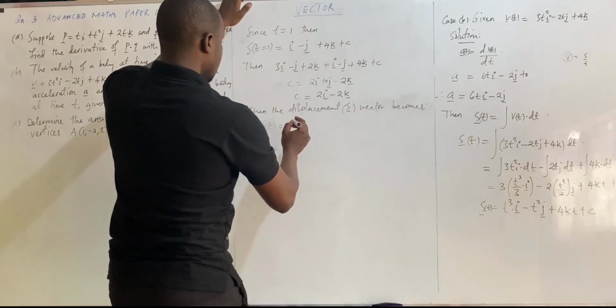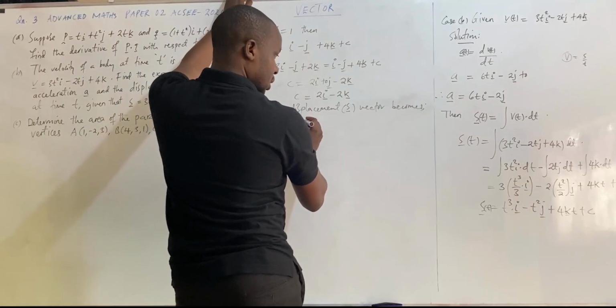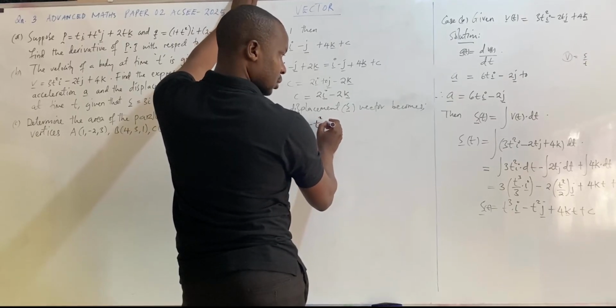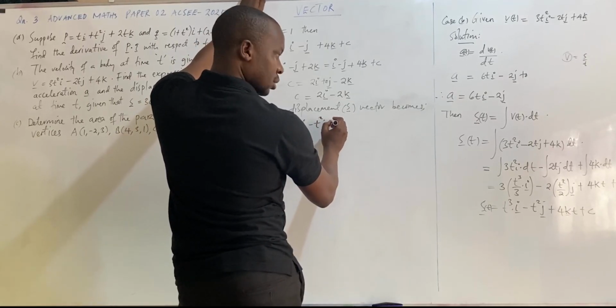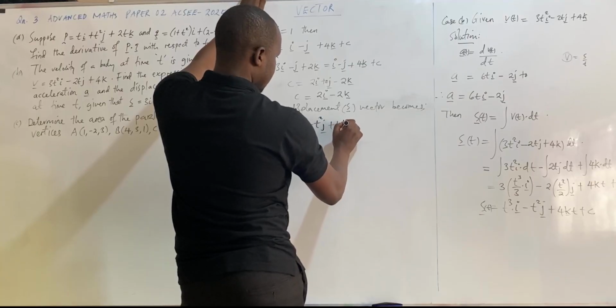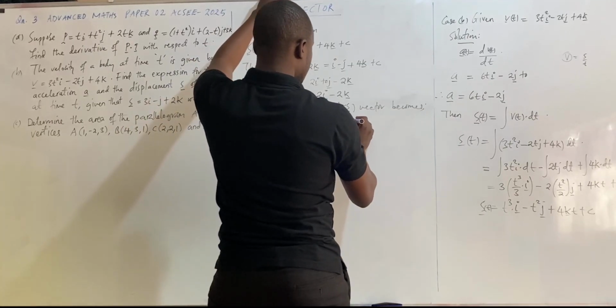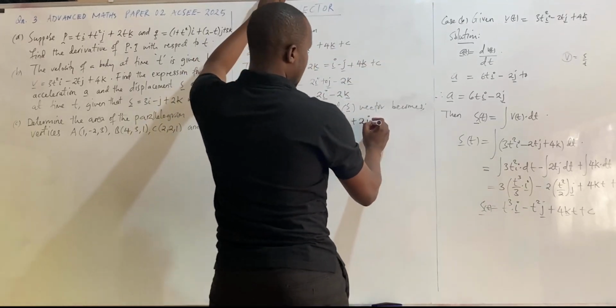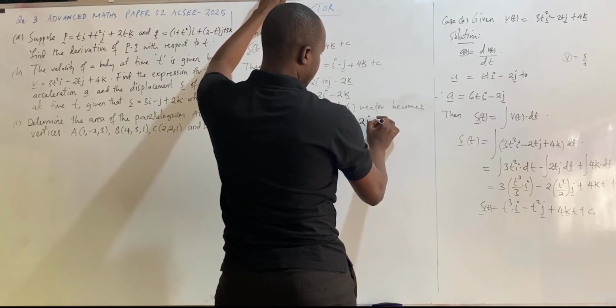So that one will be t cubed i minus t squared j, then we plus 4k vector, then we plus c, it is 2i now, the c there, it is this one, now we minus 2k, this one.